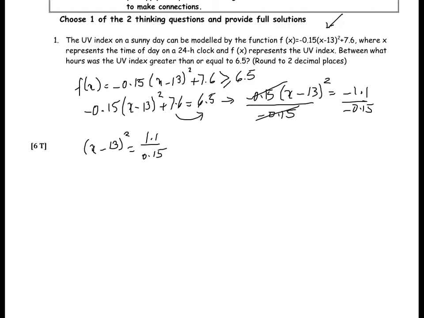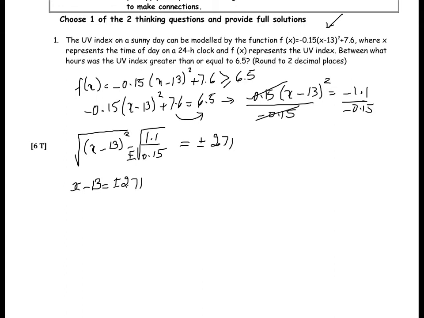To isolate x, I'm going to do the opposite of a square, which is square root. So I'm going to take the square root of both sides. In taking the square root, remember that this number becomes positive or negative. If you take the square root of 1.1 over 0.15, you get plus or minus 2.71. Now, this gives us x minus 13 is plus or minus 2.71.